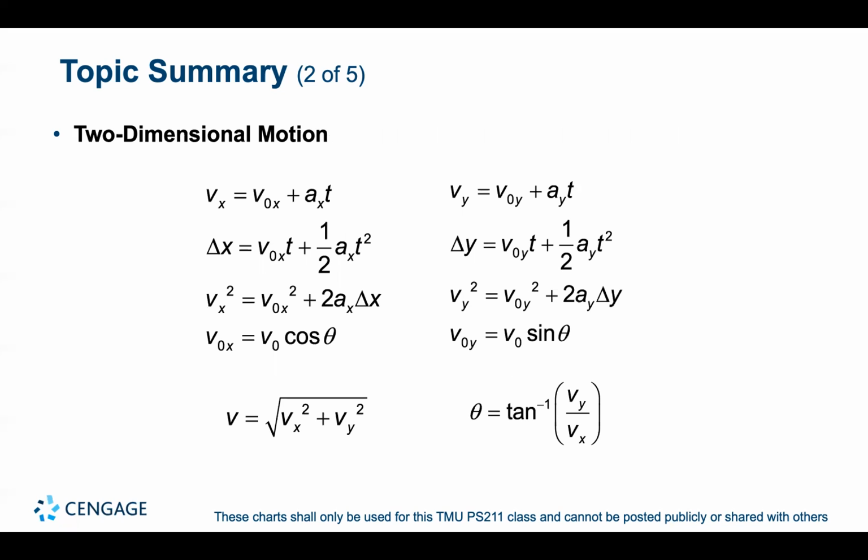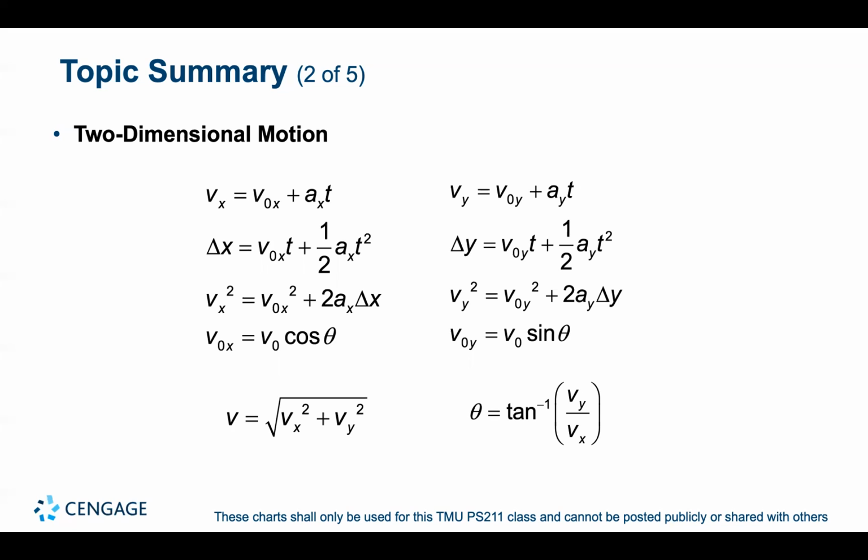So we have this two-dimensional motion. The general kinematic equations in two dimensions for an object with constant acceleration, for the x and y directions, are given here. The speed v of the object at any instant can be calculated from the components of the velocity at the instant using the Pythagorean theorem.